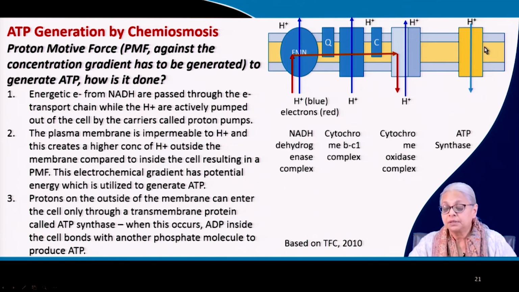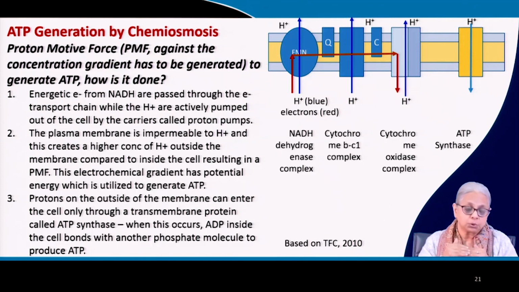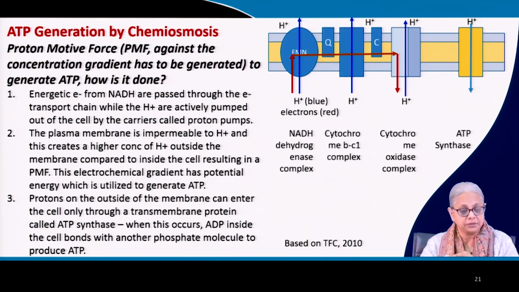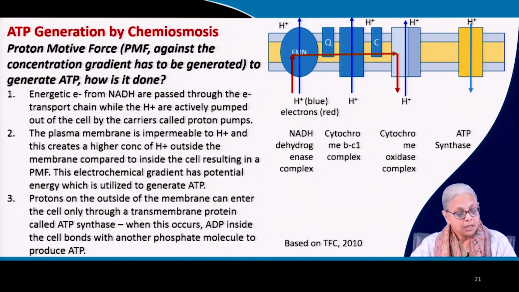And in the final process, we have ATP synthase. The proton motive force has been created because of the concentration gradient of protons outside the cell versus inside the cell. And like I said, the plasma membrane is impermeable to protons. The protons on the outside of the membrane will enter the cell only through this ATP synthase.